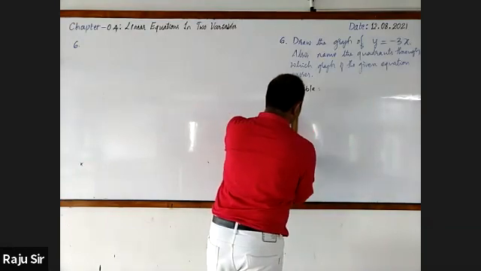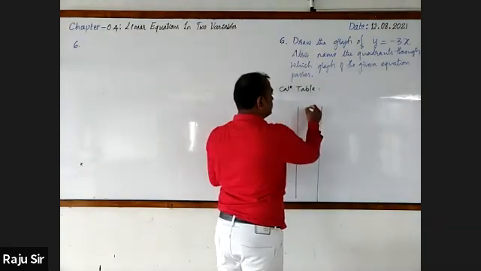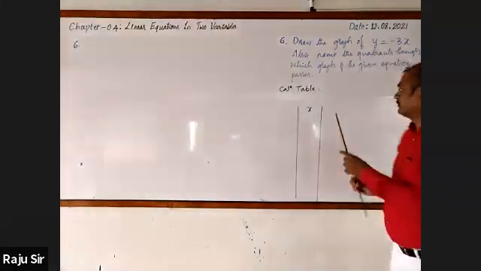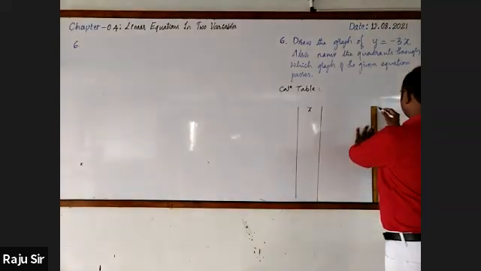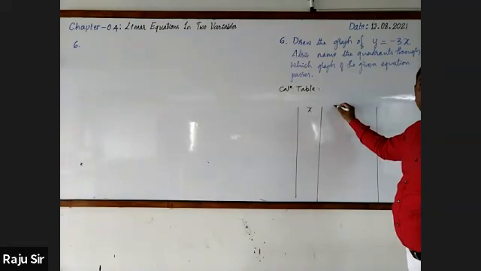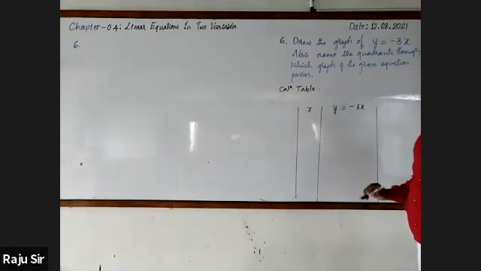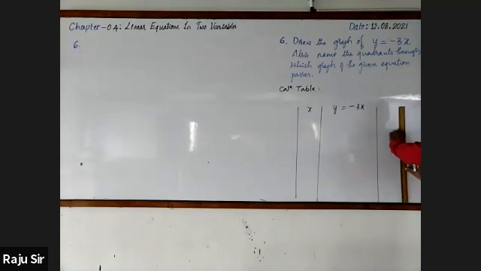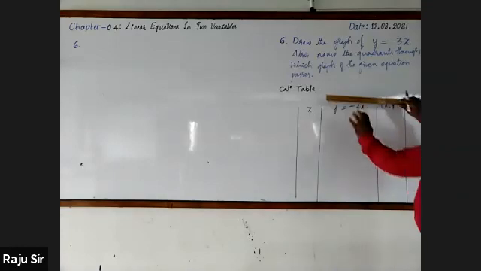What is the first column? X. Second, the Y column for the given equation, y equal to minus 3x. Third one, x comma y, the ordered pair, nothing but the coordinate.